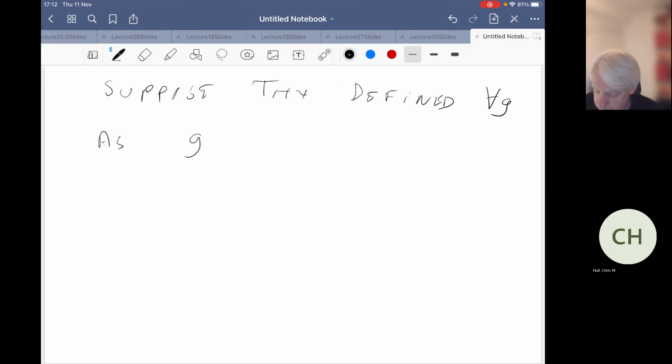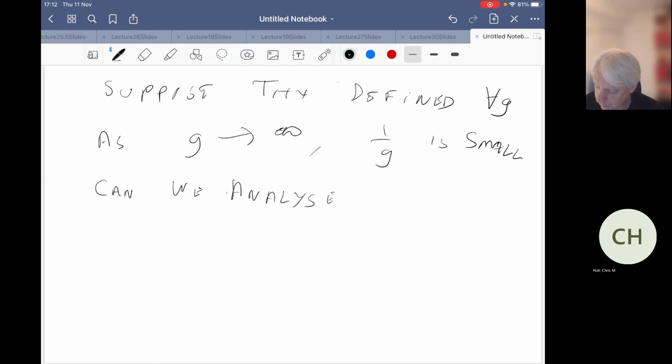As G becomes very large, 1 over G is small, obviously, and you can ask whether we can analyse the theory as a perturbation theory in G tilde, which is 1 over G. And rather remarkably, it turns out in a lot of interesting cases, this is possible.